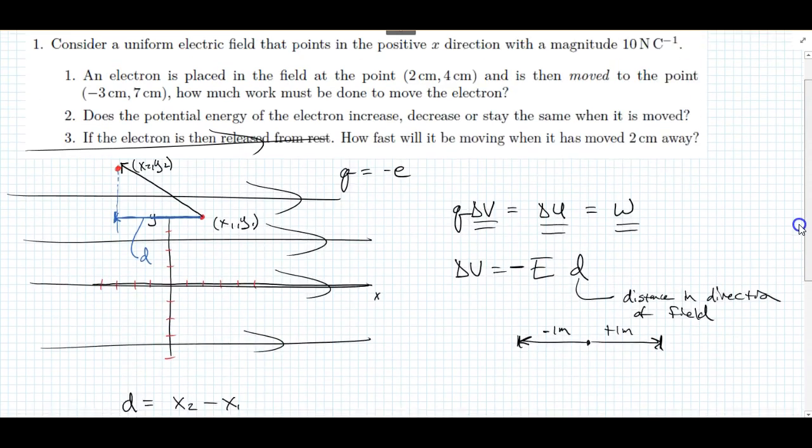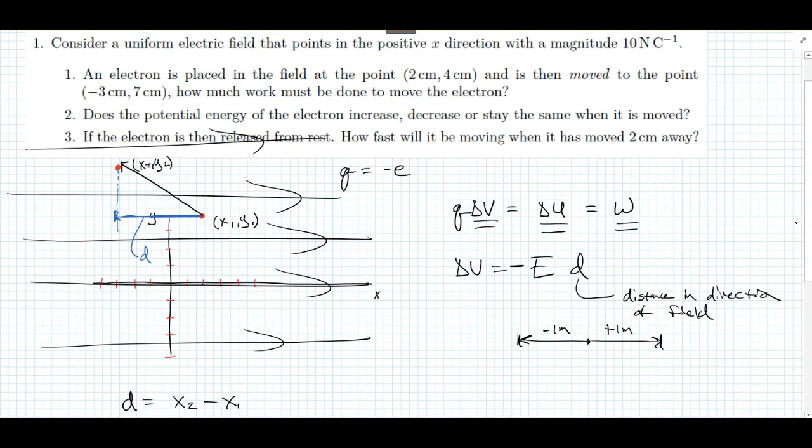But let me reason my way through this based on what we know about the electric field and the electric potential. In terms of potential energy, if I move the electron against the field, the electron experiences a force by the field that points to the left.